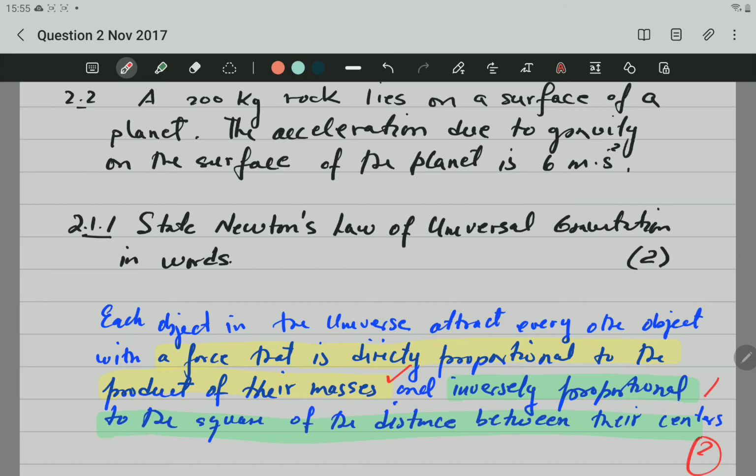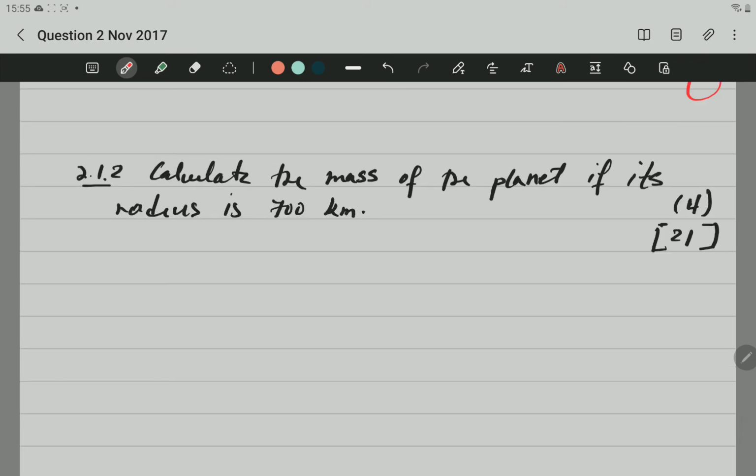Next question says calculate the mass of the planet if its radius is 700 kilometers. So let's write down the data. First of all, we have the radius of the planet, which is equal to 700 kilometers. Remember, you cannot work in kilometers, so this is 700 multiplied by 1000, converting to meters.